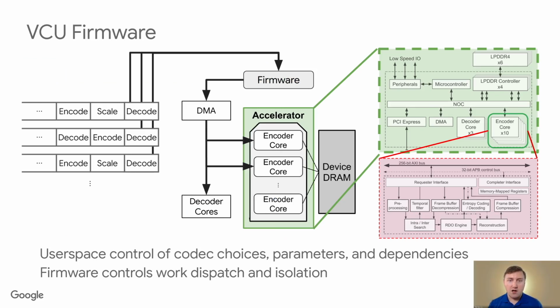Looking at the firmware queues, we rely on the stateless operation of the encode and decode cores, allowing them to be reset between operations and freely used for different queues' work items. A queue's DRAM allocation is set statically during queue creation, and we use a simple hardware page table at each core's interface to the NOC to provide isolated and virtualized access to the queue's DRAM.